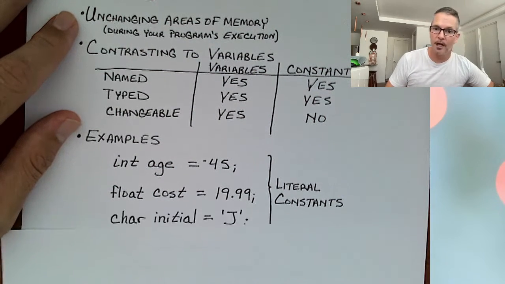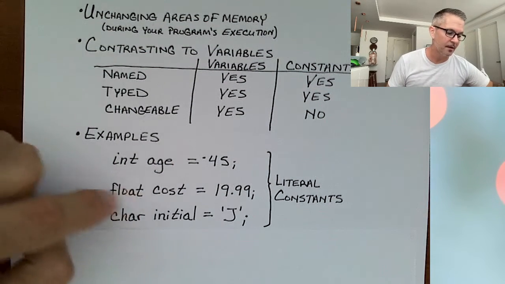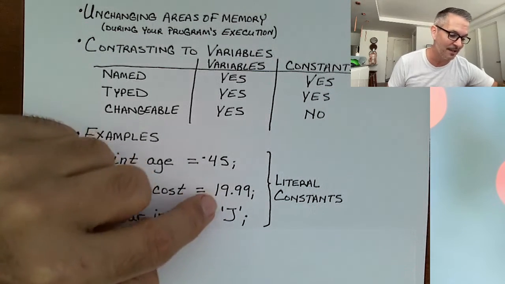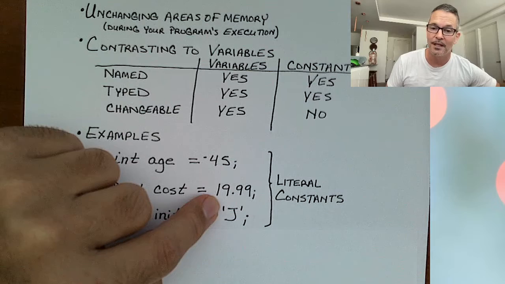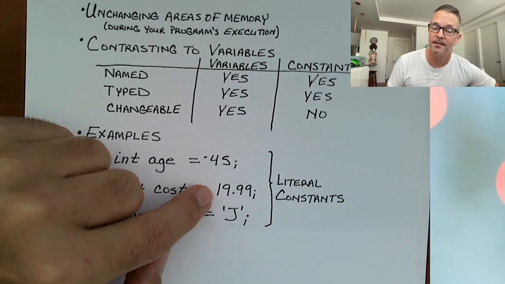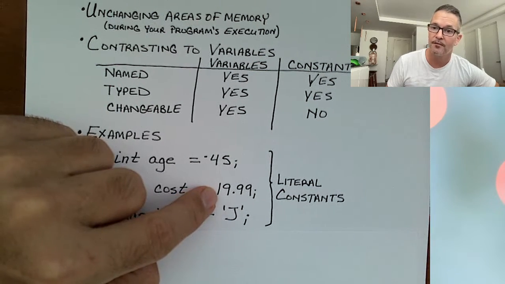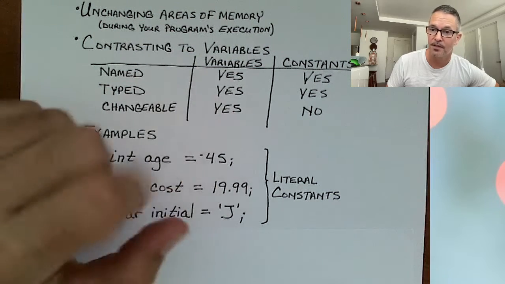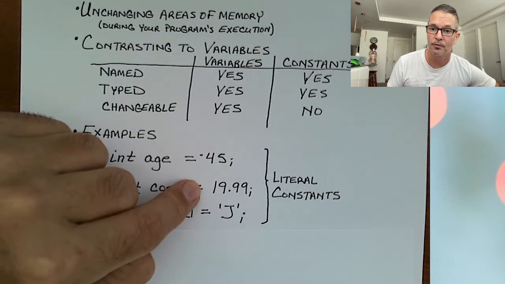Next, floating point constants. Here I'm naming a floating point variable called cost, and I'm assigning the value 19.99. This is going to be a constant in memory, and it will be stored as a floating point value because I put a decimal place there. If you don't put the decimal place, it will not be stored as a floating point value.